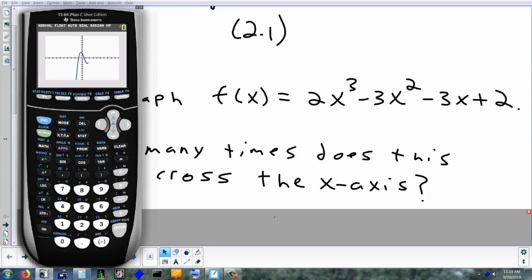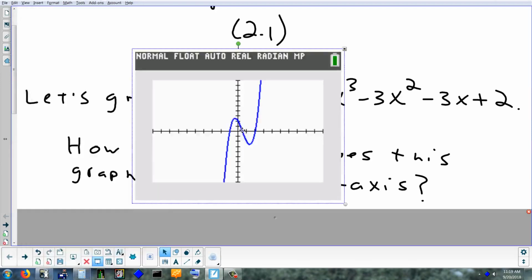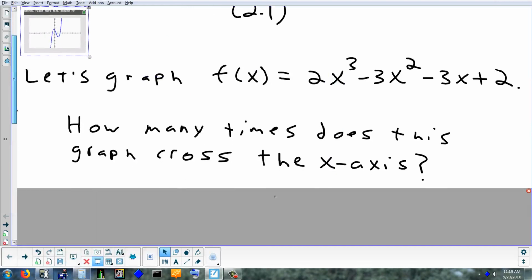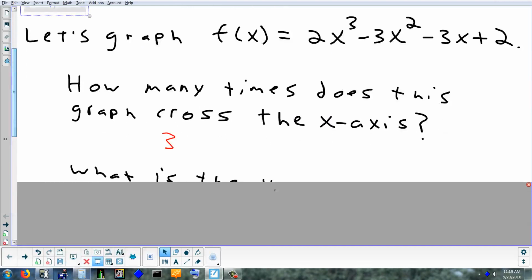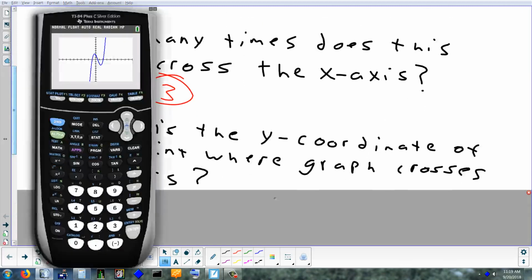Okay, so how many times does it look like that graph crosses the x-axis? 3. It crosses 3 times. Okay, so I'll put this over here, just make it a little smaller. But it does cross 3 times. Now, so there's 3 different coordinates that you could tell me for locations of where it crosses the x-axis.